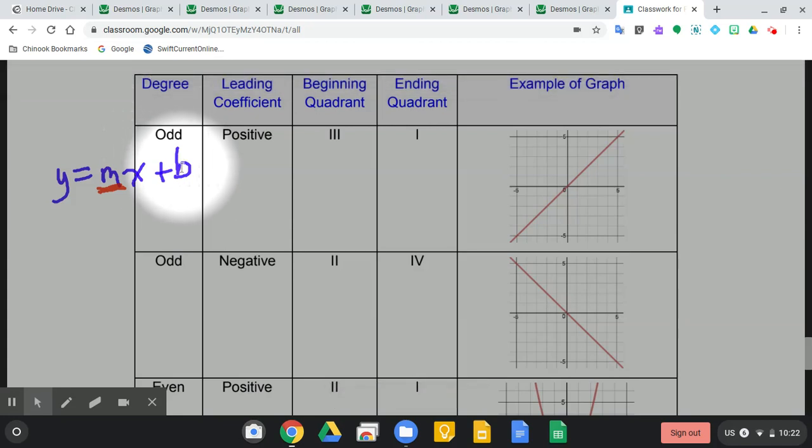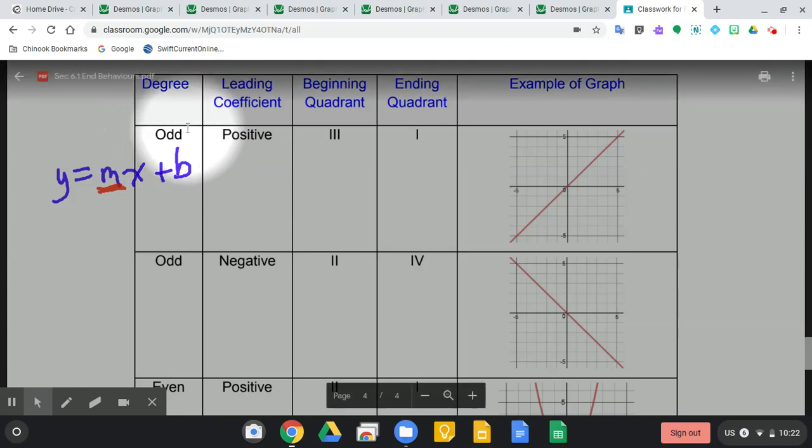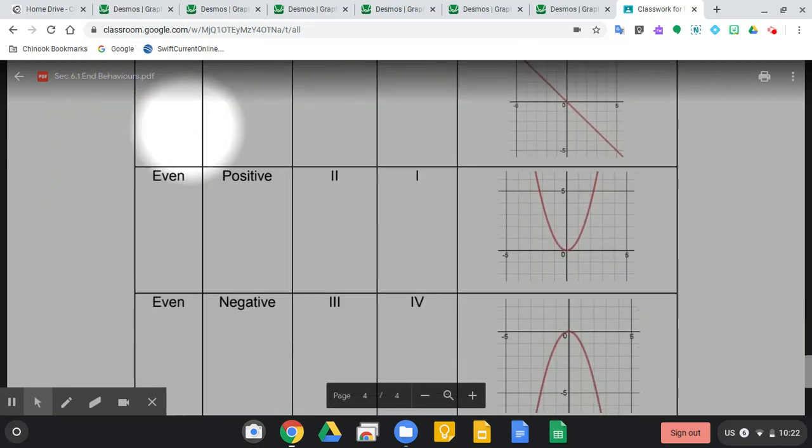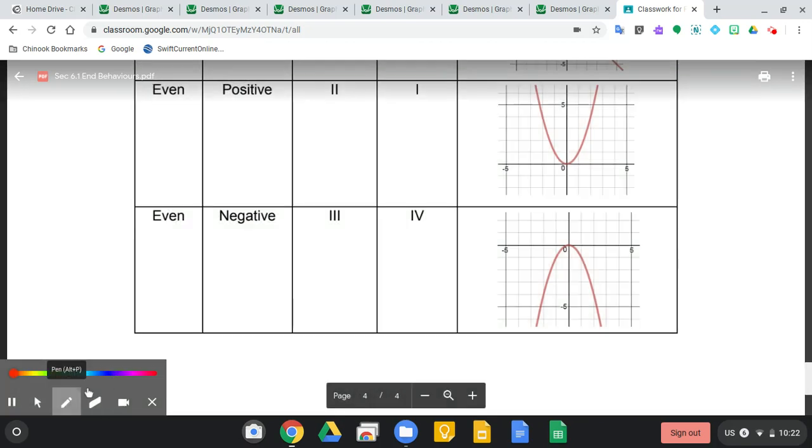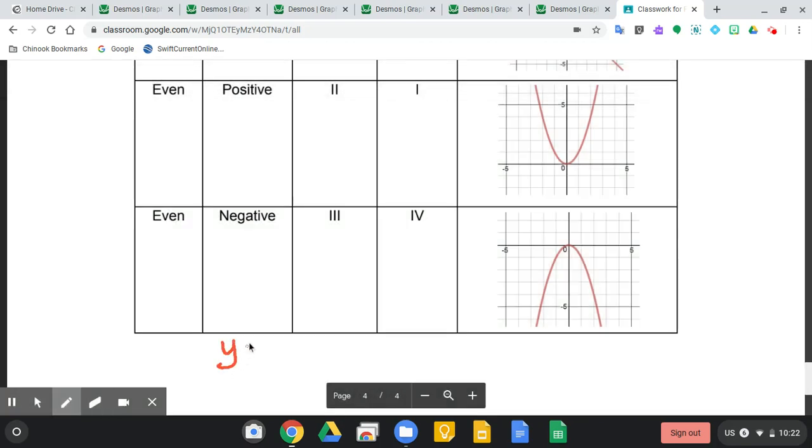Now, let's talk about our even functions. That's the parabolas. The equation of any parabola is y equals ax squared plus bx plus c. That's what we learned back in Foundations 20.